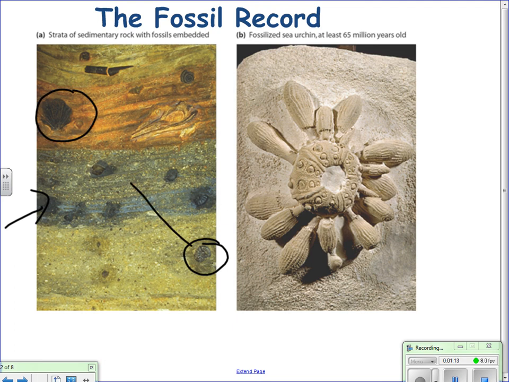And we can compare fossils from lower areas to fossils from higher areas, and we can see the changes that have occurred over that amount of time. And we may be talking about millions of years, even in this type of strata. So the fossil record really shows us how organisms change over time, but also we can compare organisms that exist today with fossilized organisms. So this is a sea urchin that existed 65 million years ago, and it's very, very similar to modern day sea urchins.